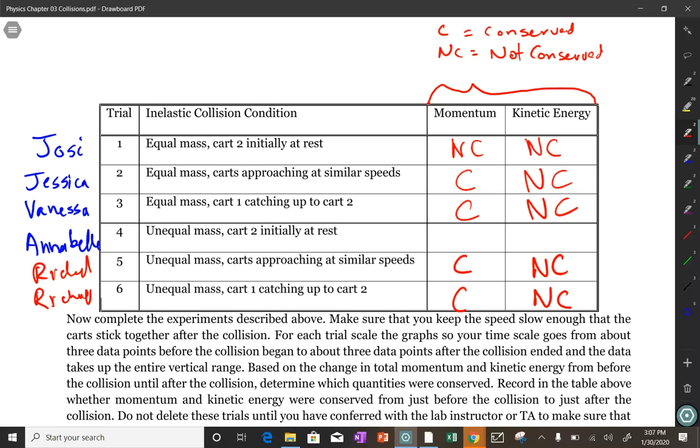Have you done your prediction, Eva? Oh, no, I'll do it. So for the elastic, they bounce off of each other. So my momentum will not be conserved. So will it bounce off of each other or not?